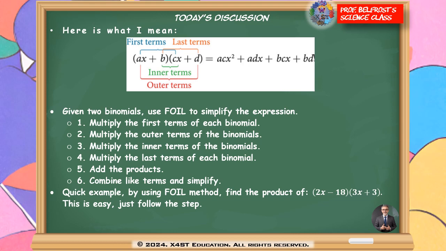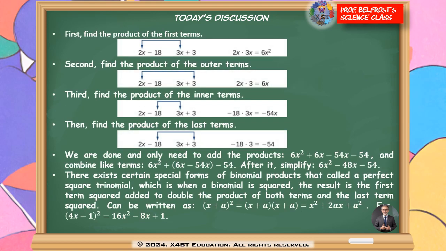Quick example for you. By using the FOIL method, we can find the product of 2x minus 18 times 3x plus 3. Just follow the steps as I've mentioned before. First, find the product of the first terms and it gives us 6x squared. Then find the product of the outer terms, it gives us 6x. Find the product of the inner terms and it gives us minus 54x.